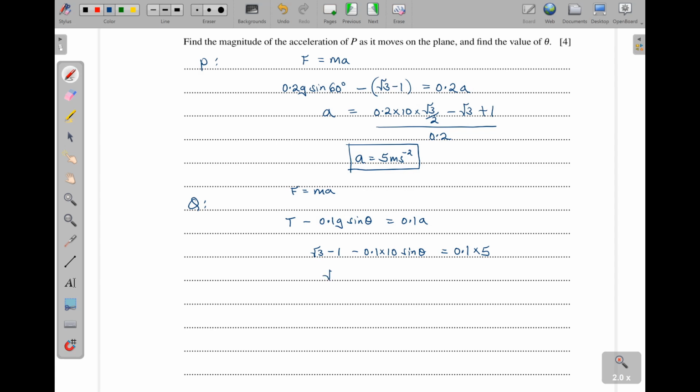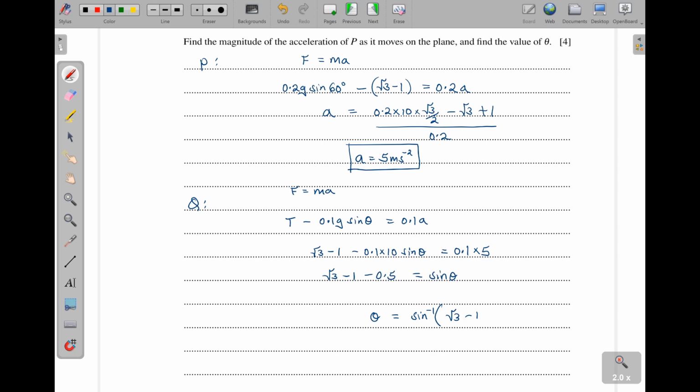Now we shall have root 3 minus 1. I can bring this one this way, which is 0.5. Then this one will be equal to, I take this one this side to be a positive, 0.1 times 10, that is 1. So we shall have sine of theta. So meaning theta shall be equal to the arc sine of root 3, and then here we shall have negative 1.5, right?